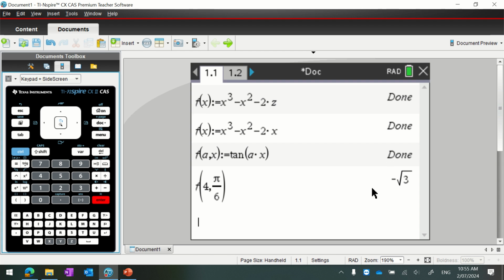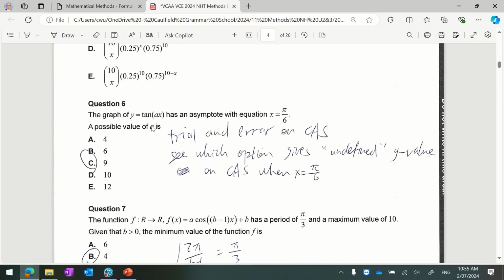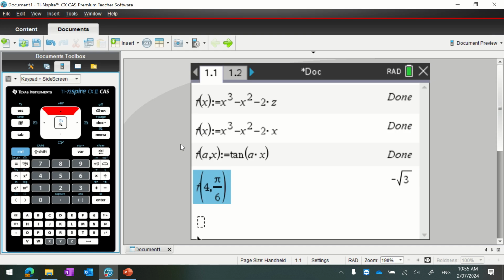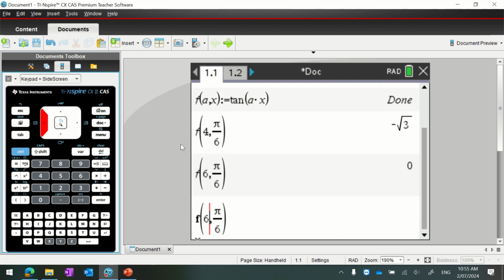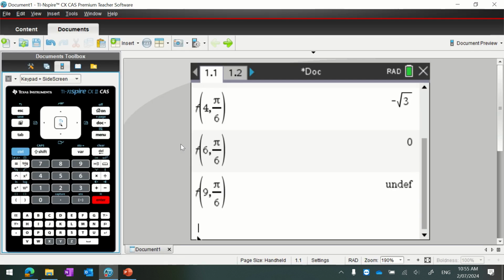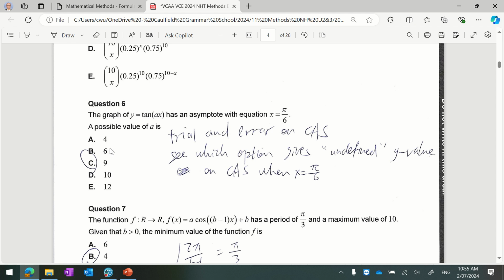So this is not an asymptote. So when x is pi over 6, it is not an asymptote. So A is not my answer. And then I can copy that and then put 6 in. That's also defined. So that's not my answer. So option C is 9, and now that's undefined. So 9 is the answer. A equals 9, which is option C.